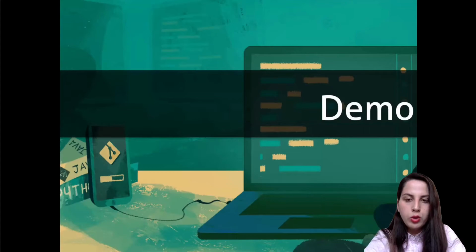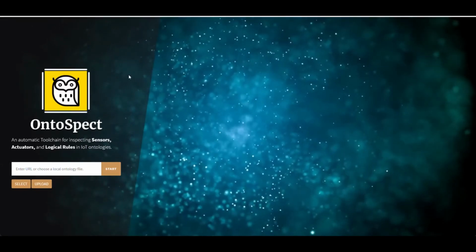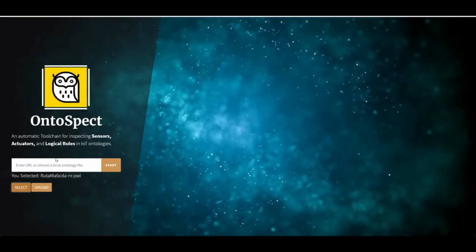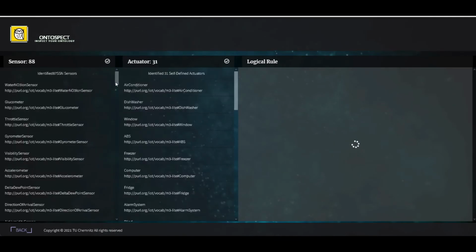So now I want to show you a demo of Ontospect. In order to inspect an ontology, first you can select the ontology locally from your computer or from a URL, and then Ontospect will automatically try to extract the sensors, actuators, and the logical rules if there are any described in the ontology.